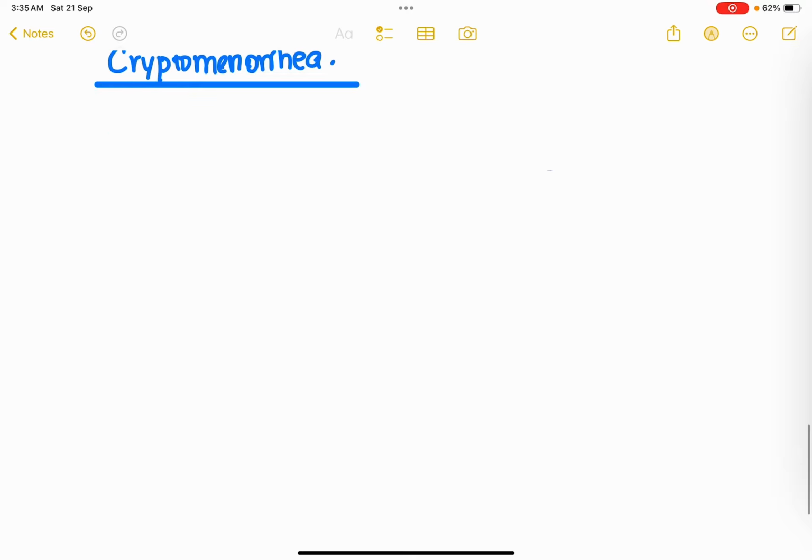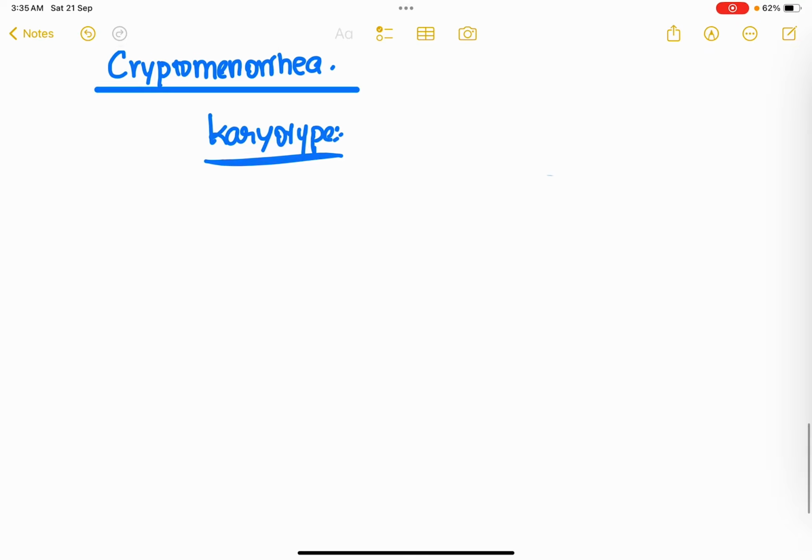So what is the karyotype of cryptomenorrhea? It is very easy. You need not think about anything here, because cryptomenorrhea is a problem which happens in females, right? The outflow tract obstruction because of imperforate hymen or transverse vaginal septum or vaginal atresia, everything happens in a female. Therefore, the karyotype is female, 46XX. Is that clear? Yes.